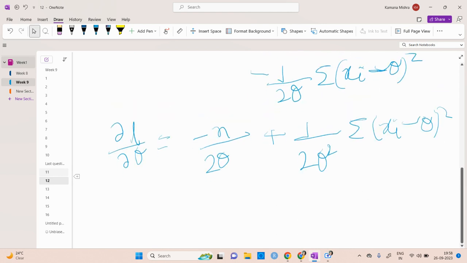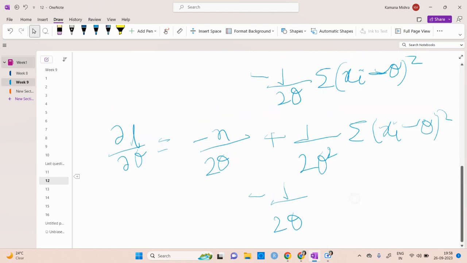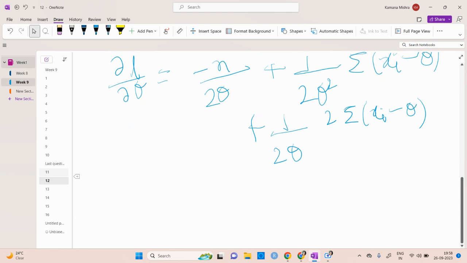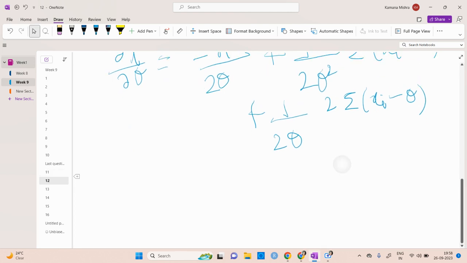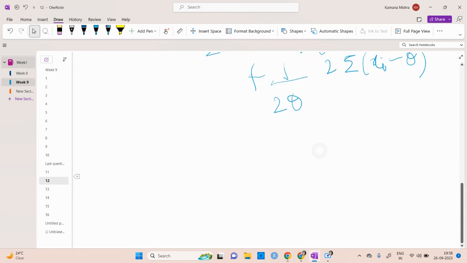This is for this, and then for the next one it will be minus 1 upon 2 theta, and then it will be 2 summation xi minus theta, and for minus theta it will be plus. So this is the whole del L by del theta, and then we will take this value as 0.